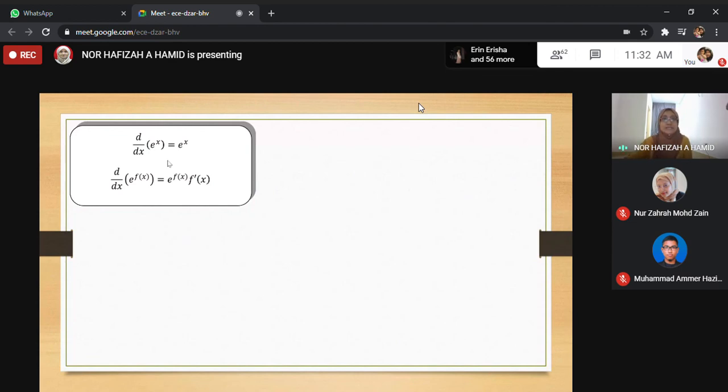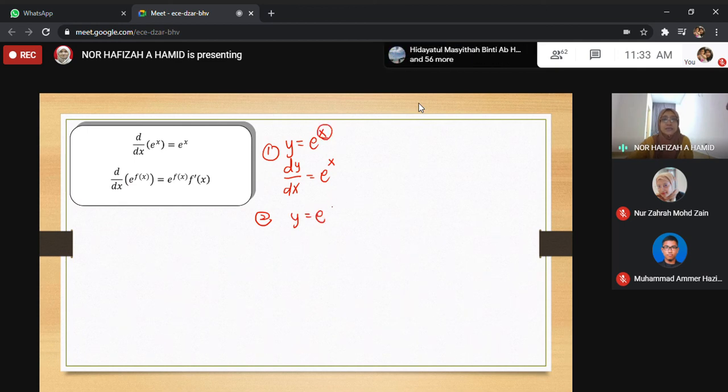Okay. So for example, when y equal to e^x, so you differentiate, dy over dx is equal to e power x. Okay, and next for number 2, when y equal to e to the power of, so instead of x, we can change into any function. For example, function dia saya ambil 3x.